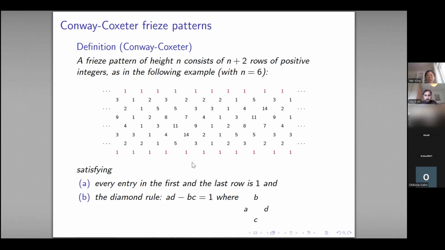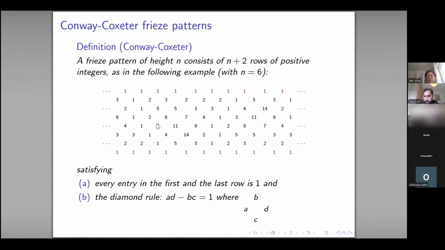A Conway-Coxeter Frieze pattern is a strip of positive integers, as you can see from this example. The first and the last rows consist of only ones. All the other entries are positive integers, and moreover, they satisfy the so-called diamond rule, which means whenever we have a configuration A, B, C, D which forms a diamond, they should satisfy the equation AD minus BC equals 1.